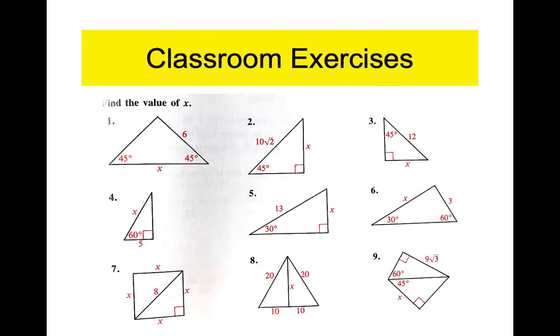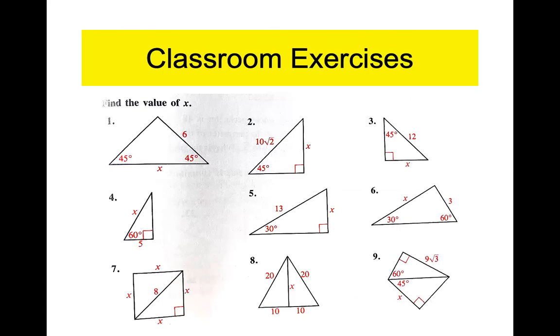Pick one, McKinley. Pick a hard one. 7. Let's look at number 7. Clearly, we have a right triangle. True. That's not what I was looking for, but yes. A square. We got a square.